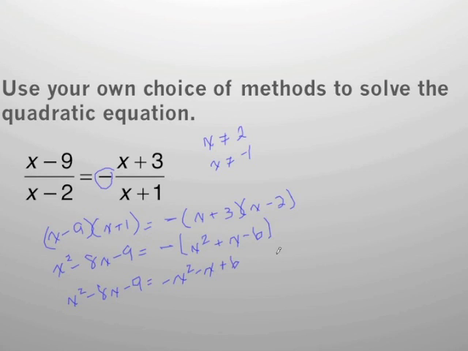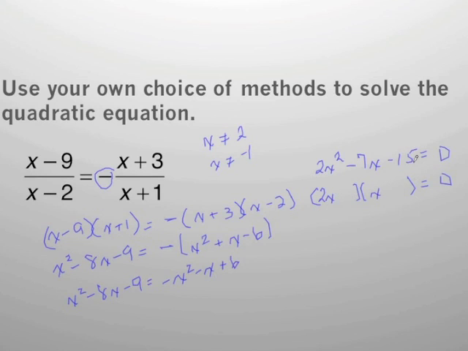Now getting everything on one side equal to 0, I'll end up with 2x squared minus 7x minus 15 will equal 0. Can I do this one by factoring? It's actually the least work for me.